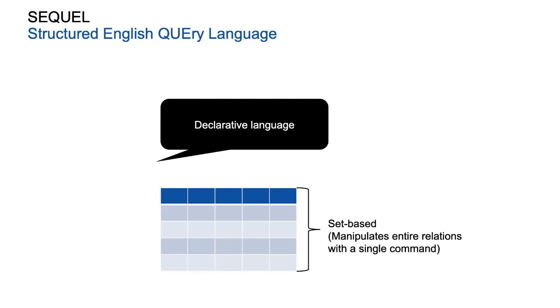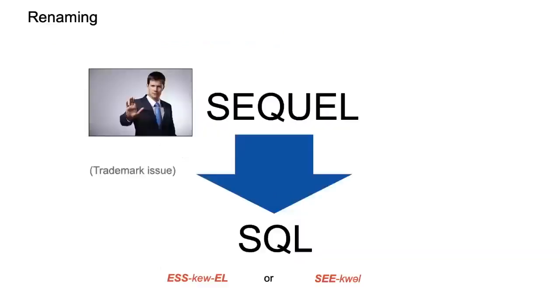And you will see that declarative languages are much more compact and easy to read than imperative languages. Now, bit of warning, there was a trademark issue back then that they couldn't keep calling it SEQUEL in that way, so Structured English Query Language. So they renamed it as SQL. And in fact, this is the reason now why you might hear some people say "sequel" and you might hear some other people say "S-Q-L", right?